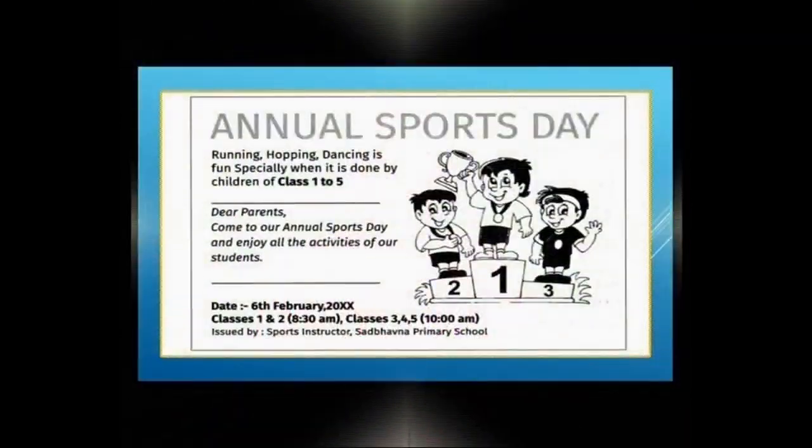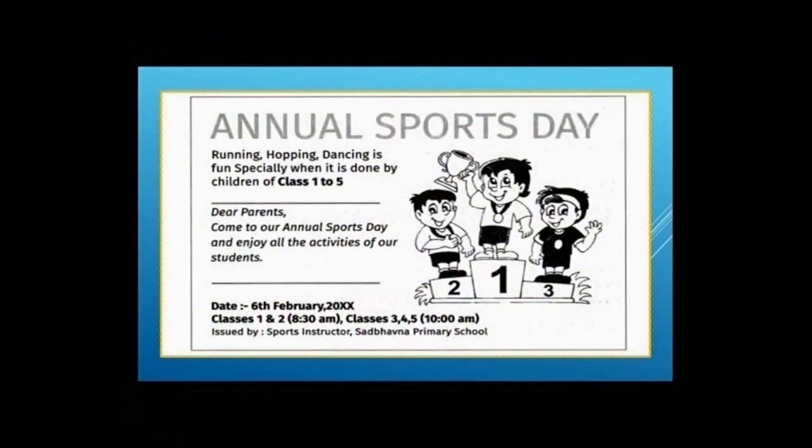For classes 1st and 2nd, it is 8:30 a.m. and for classes 3rd, 4th and 5th, it is 10 a.m. For whom is this poster? It is for parents, right? And who has issued this poster? Sports instructor. Now, let us do some questions related to the poster.